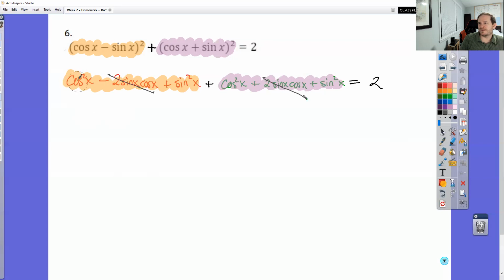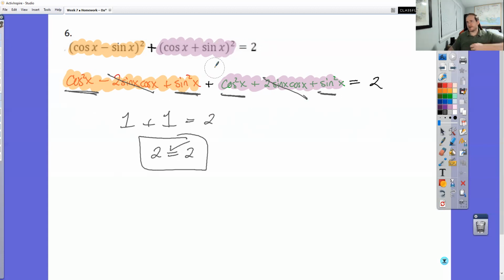You want to notice that your cosine squared and your sine squared over here, that's the Pythagorean identity. Those are getting added, so that'll become a 1. And then your cosine squared and your sine squared are getting added over here again. That'll become a 1. So does 2 equal 2? Yeah, I think it does. So we have proven yet another identity.